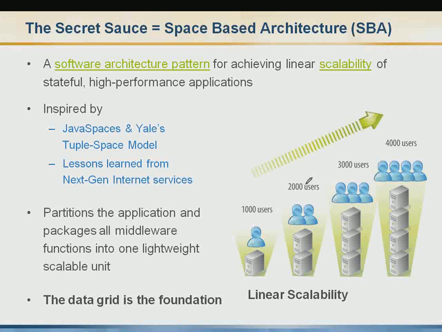The data grid simply serves as the foundation for this architecture. And by partitioning, by collapsing the tiers, what we get is really a system that is highly scalable and has very little contention. So when you add more processing power, you simply get more throughput, which is not very trivial to do with traditional systems.